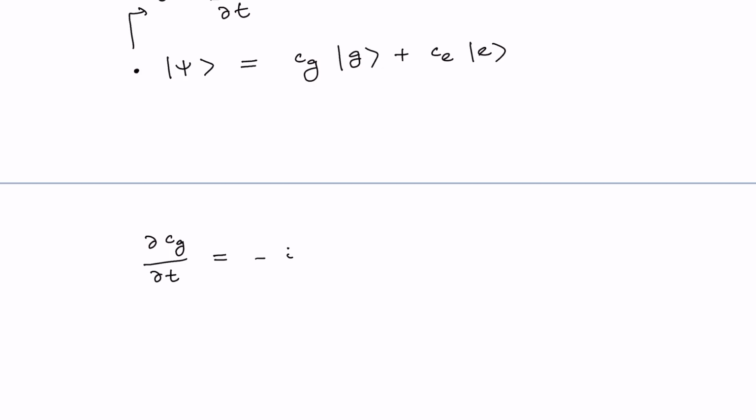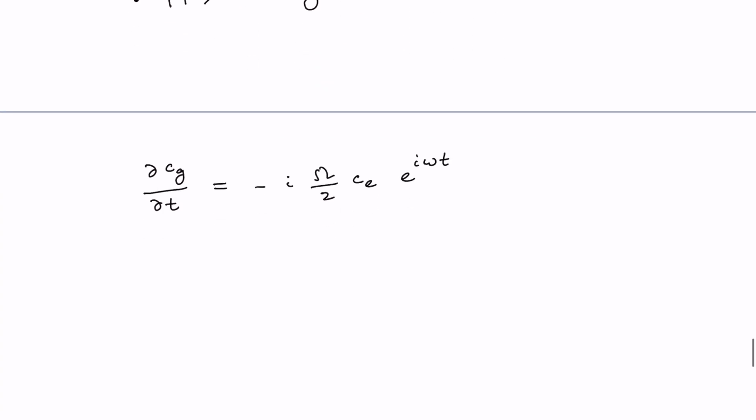Let me write them. You will have ∂Cg/∂t equal to minus i Ω/2 Ce e^(iωt), and ∂Ce/∂t equal to minus i ω0 Ce minus i Ω/2 Cg e^(minus iωt).